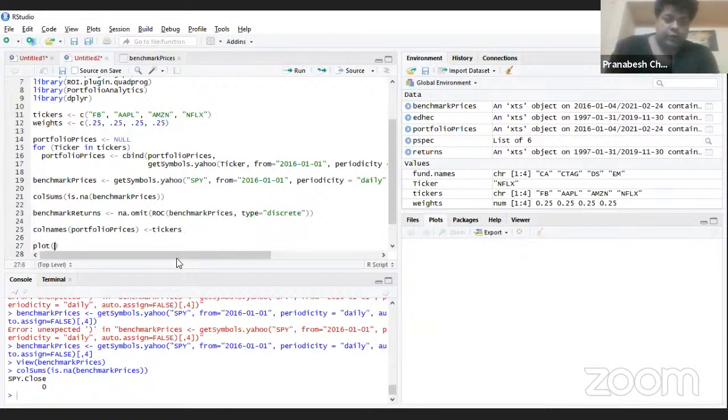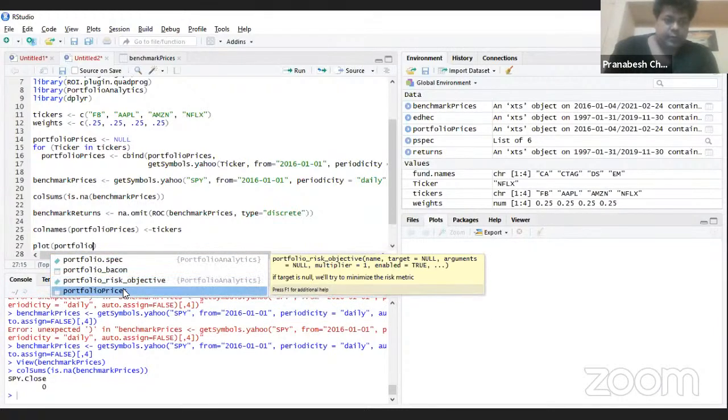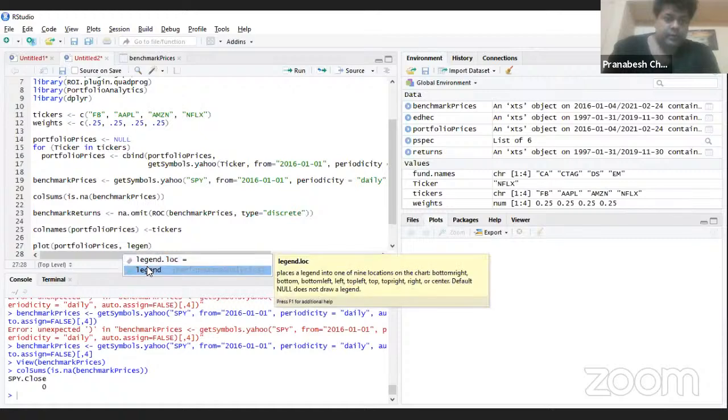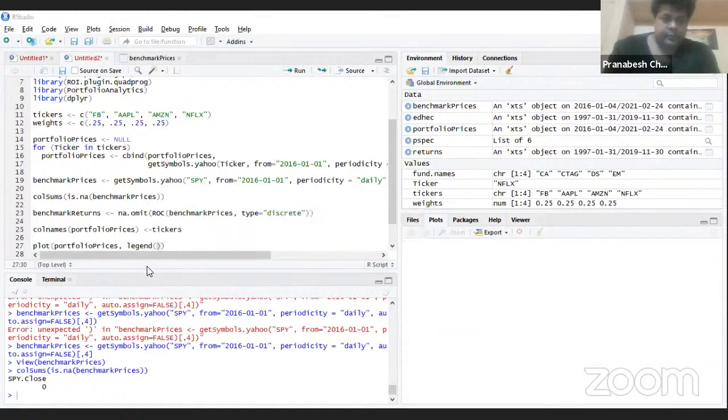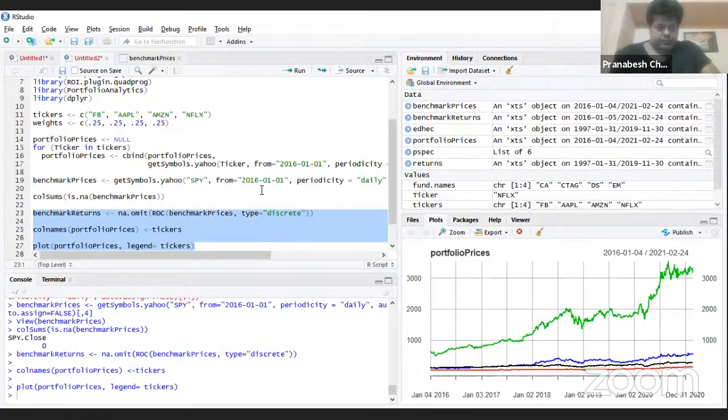Let's plot our portfolio prices. We have to give the legends, instead of tickers. Good.